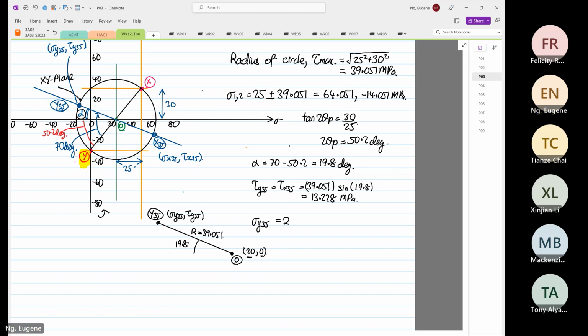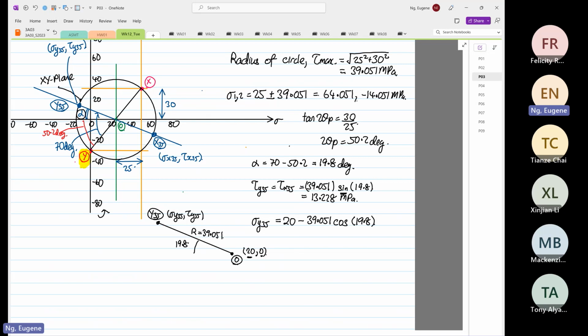So 20 is going to move towards its left-hand side, so it's minus. And then we're going to calculate 39.051, and because we have used sine already, we need to change it to cosine, 19.8. That's why I do sine first.